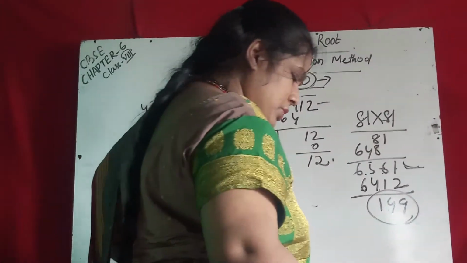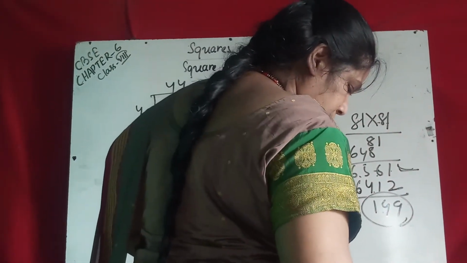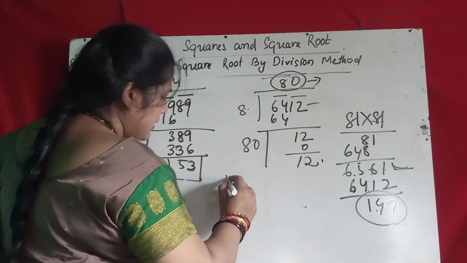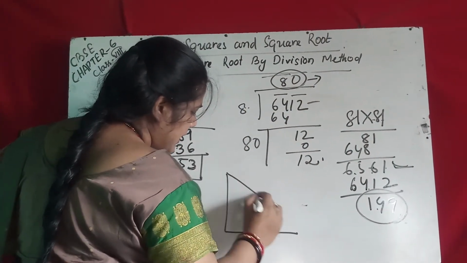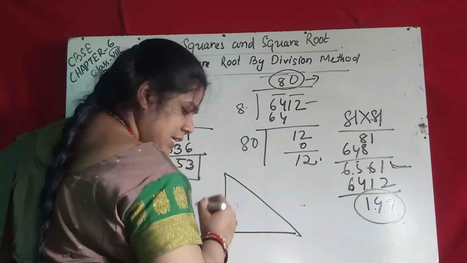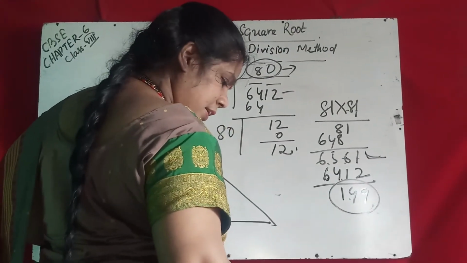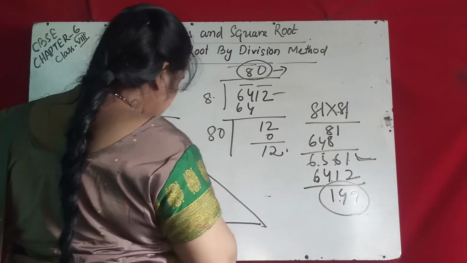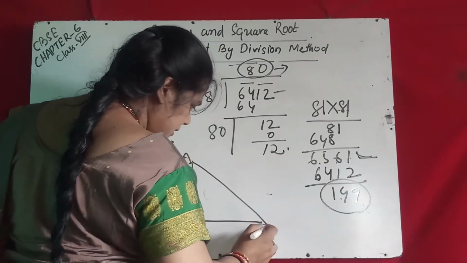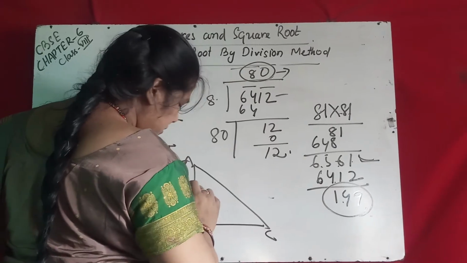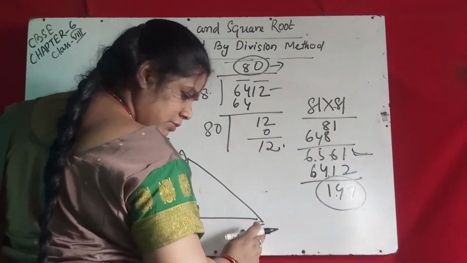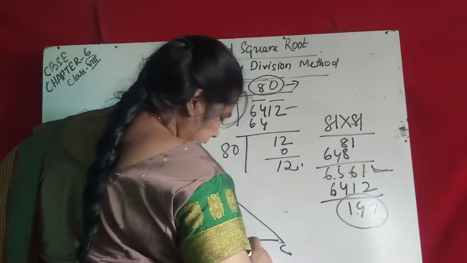Okay. Suppose another question: a right angle triangle. It is 90 degrees. Then AB and BC. Suppose A, B, C. AB equal to 6 cm, BC equal to 8 cm.